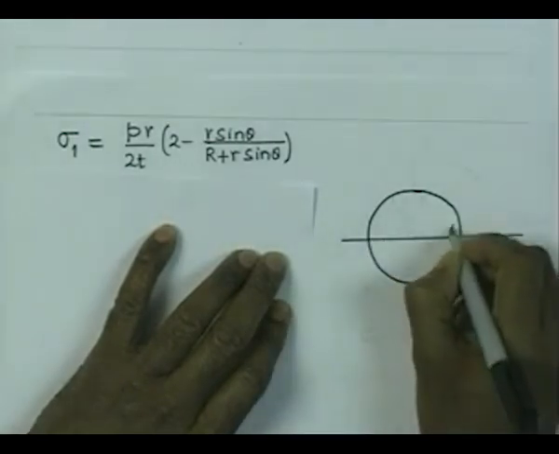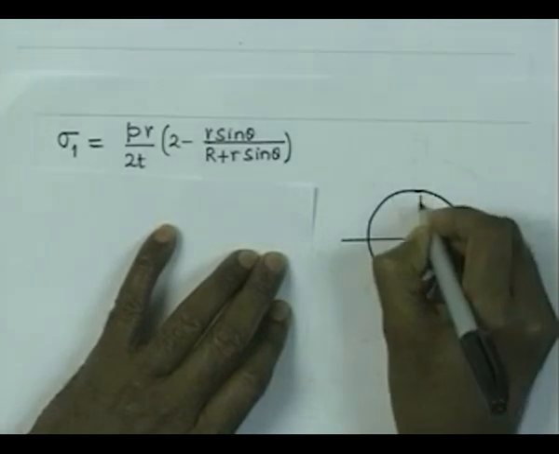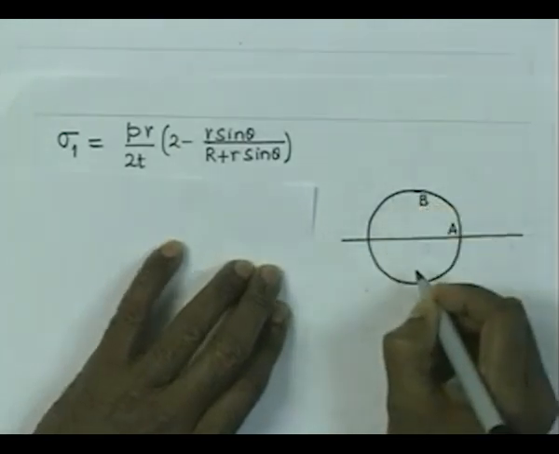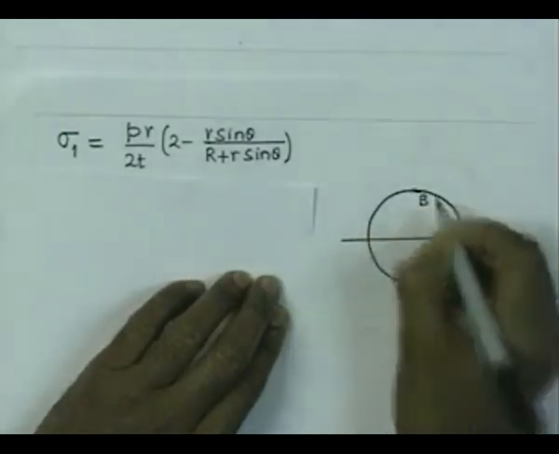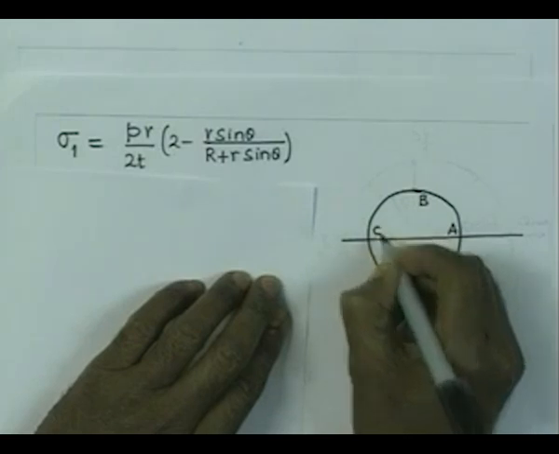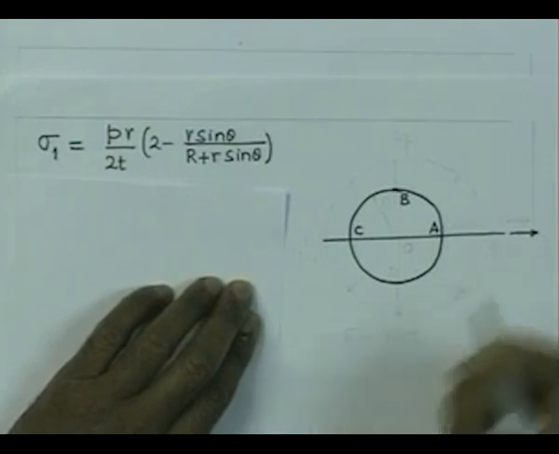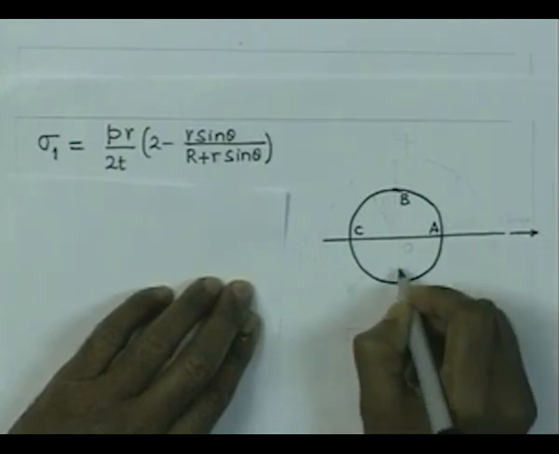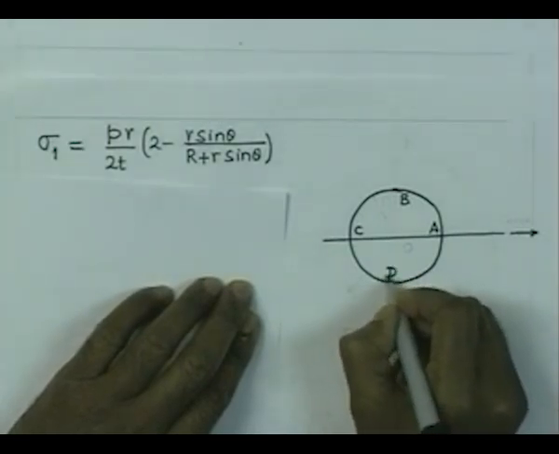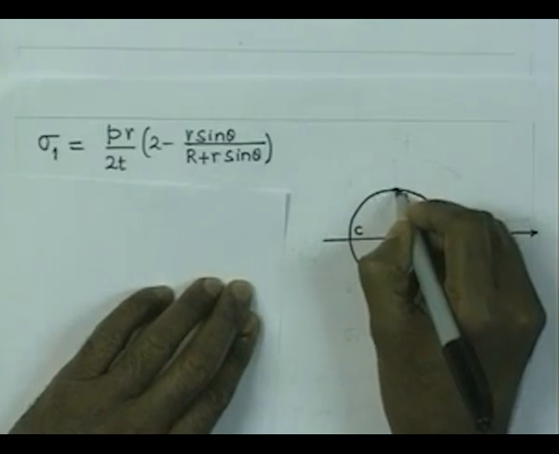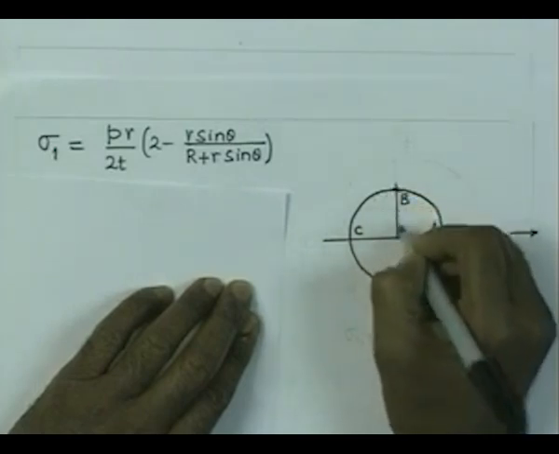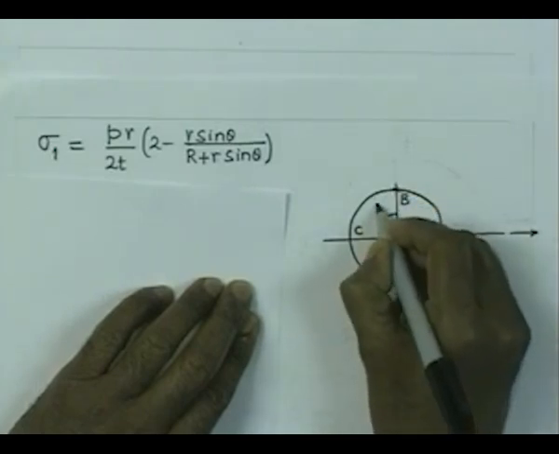Let us write this point to be A, the vertically topmost point is B, and this furthest point from the center, so the center of curvature is somewhere this side, and this bottommost point is, let us say, D, and our reference direction is this one. So this is the theta direction.